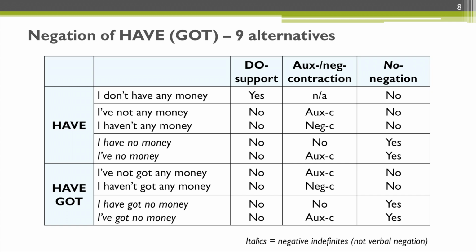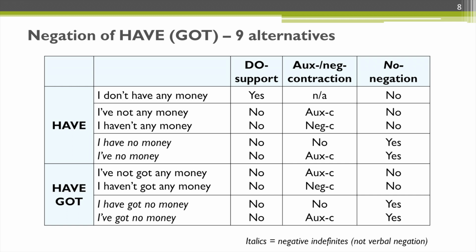But essentially for have, we have don't have, so do support on the top here, and then either auxiliary contraction like I've not, versus neg contraction, which is I haven't, or with any subject. And here's the indefinite I have no, so bare verb, versus I've no with the contraction.